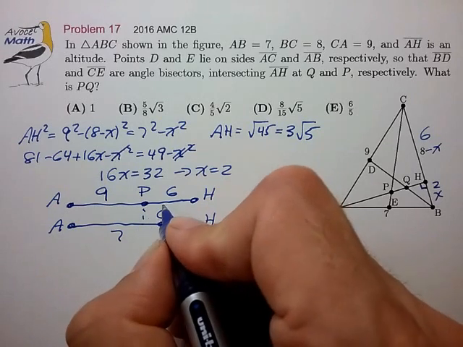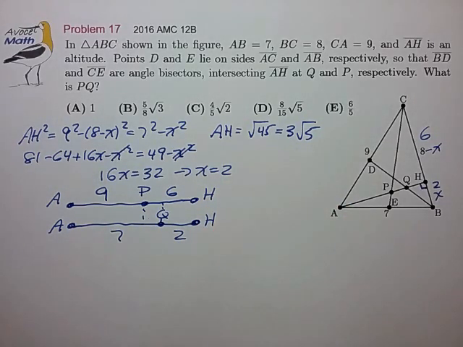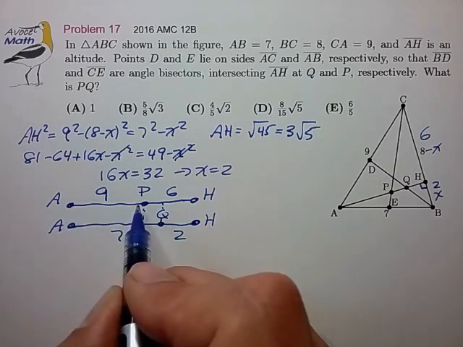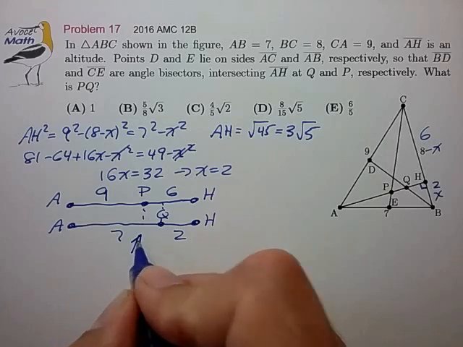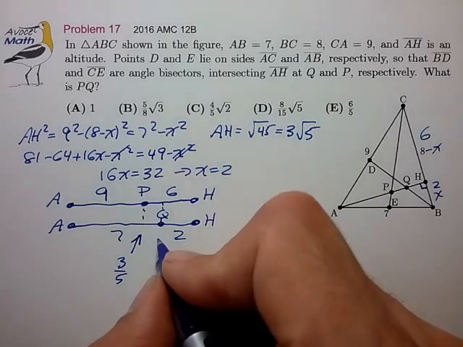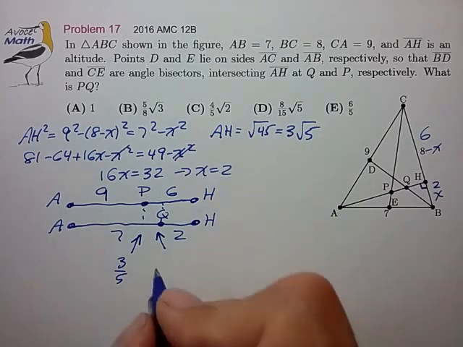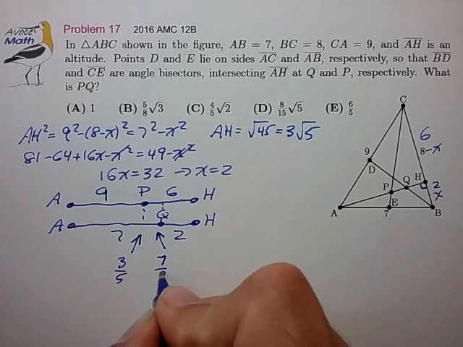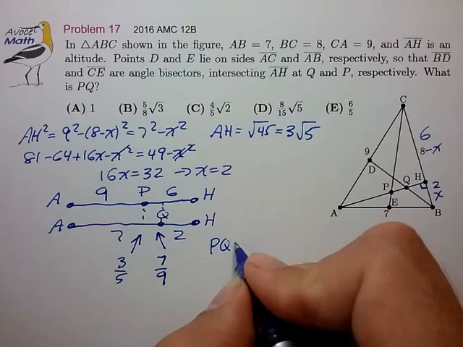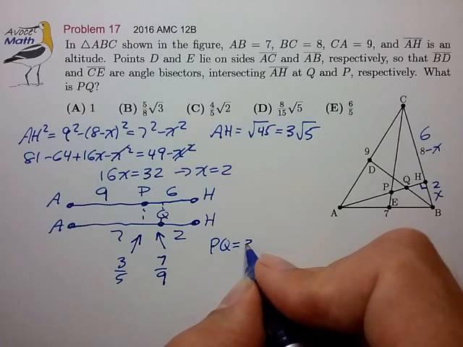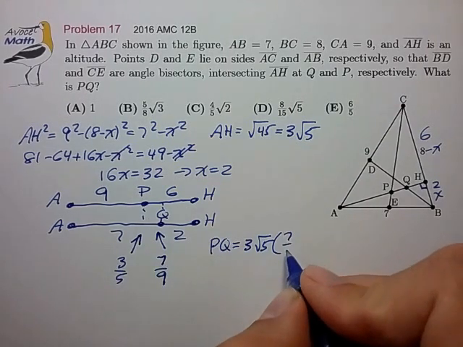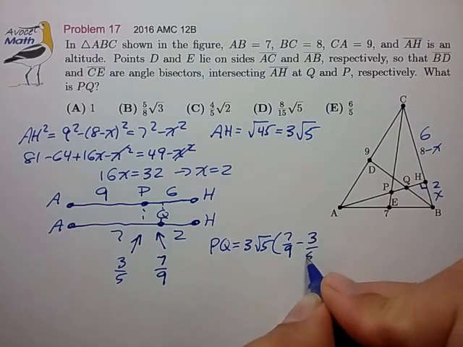So now it seems like we have enough information to work out the relative ratio of PQ, because we know that AP is 3/5 of AH, and AQ is 7/9 of AH, from which we find that PQ is just the length of AH times the difference of these relative ratios, 7/9 minus 3/5.